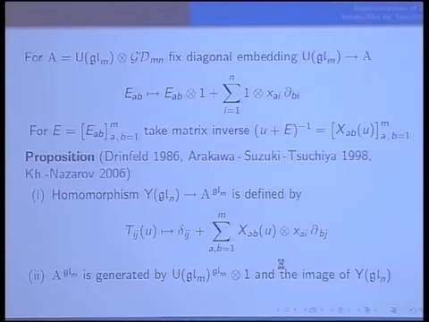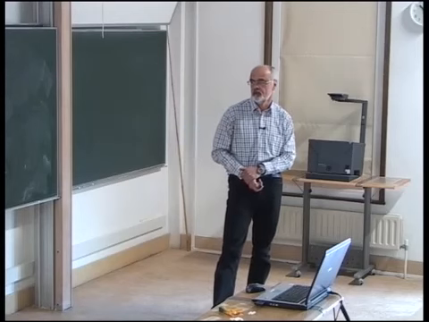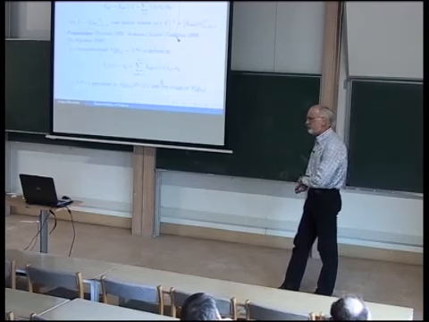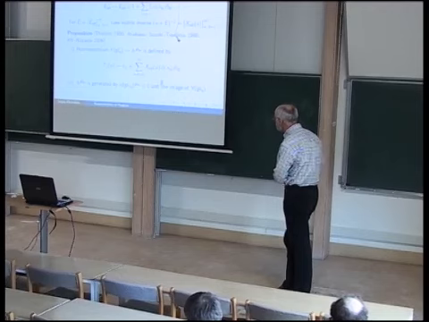The first one is attributed to Cherednik and developed by Arakawa, Suzuki, and Tsuchiya, which is a functor from representations of gl_M to the degenerate affine Hecke algebra. And another functor is due to Drinfeld, which associates to any representation of the degenerate Hecke algebra a representation of the Yangian. One can compose these two and sum up over the intermediate Hecke algebra and get this result.